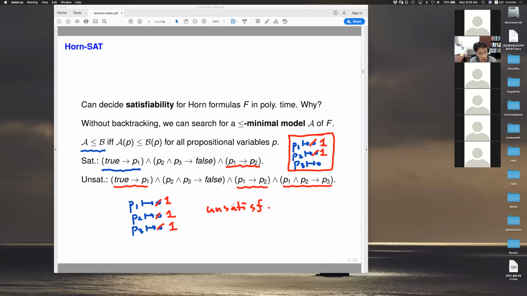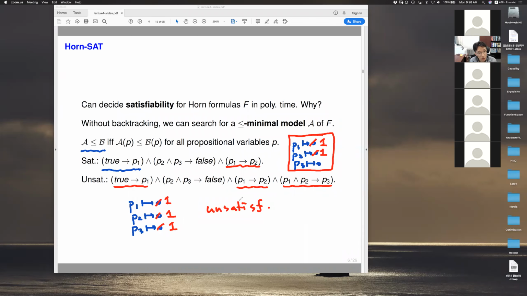If we write everything in terms of this implication form, we start with the smallest assignment, which maps all the propositional variables to 0. Then you look at each clause, and if that clause forces us to replace the value of a propositional variable from 0 to 1, it does it.